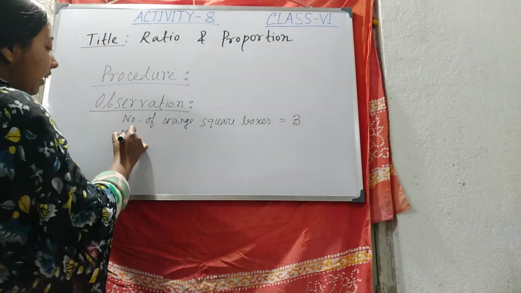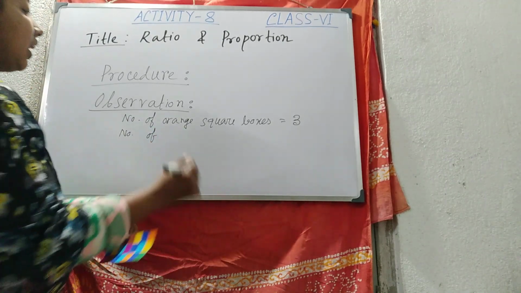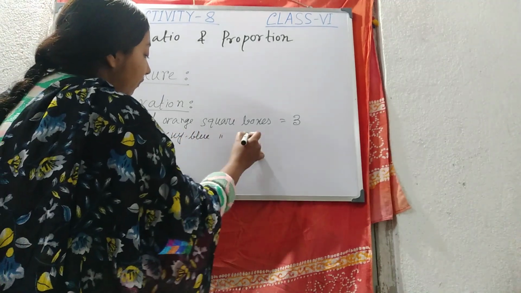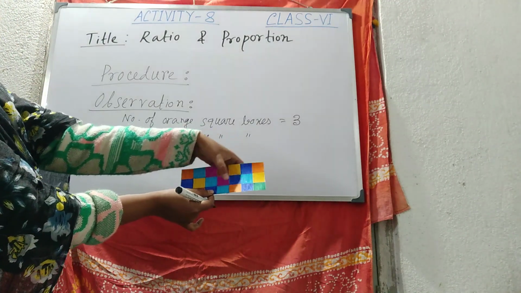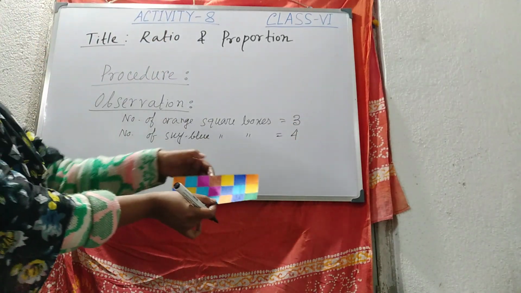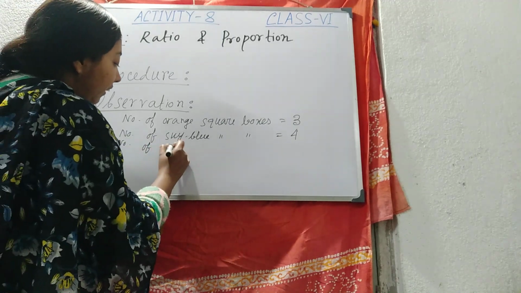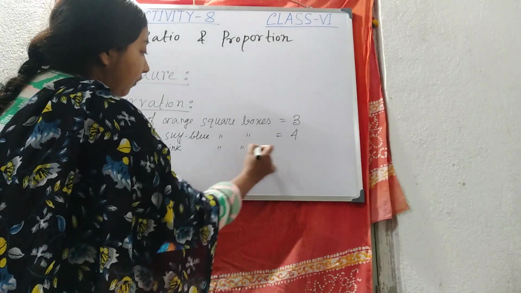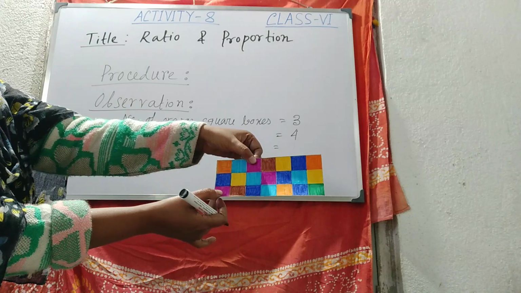After orange I have taken sky blue, so I will write number of sky blue square boxes: 1, 2, 3, 4. It will be 4. After that I have taken pink, so I will write number of pink square boxes, which will be equal to 1, 2 and 3.